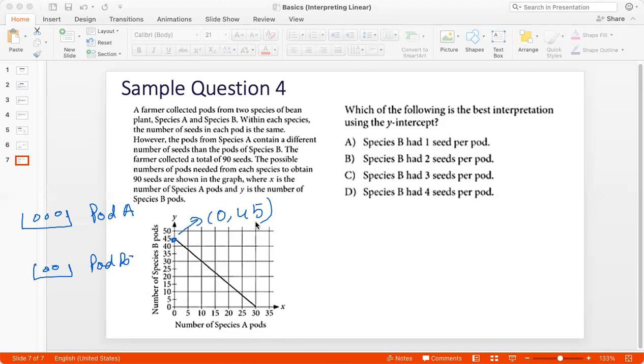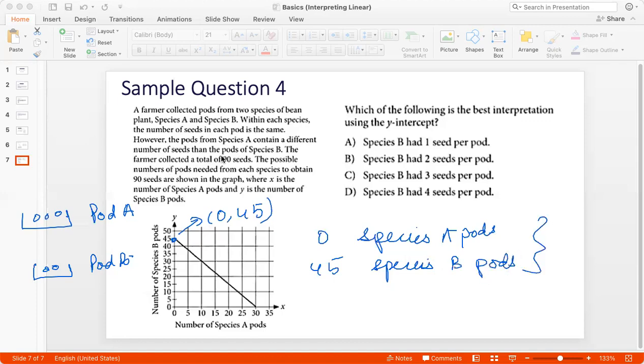So if he had collected 0 species A pods and 45 species B pods, he would have obtained 90 seeds, right? Because each point on this line represents a collection of 90 seeds.